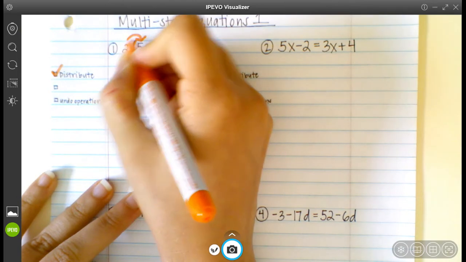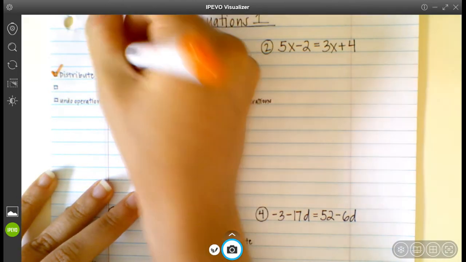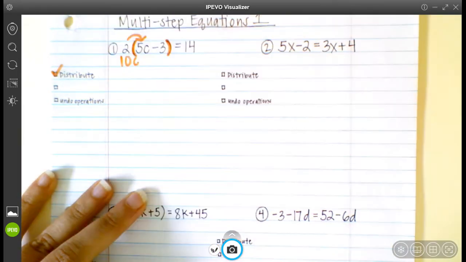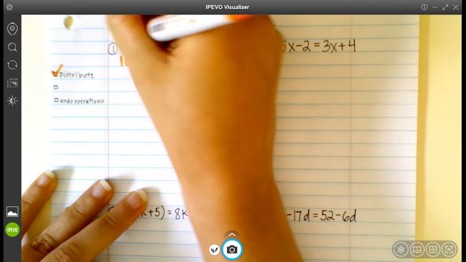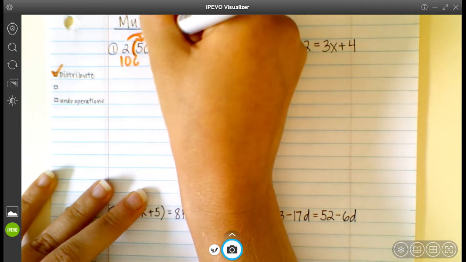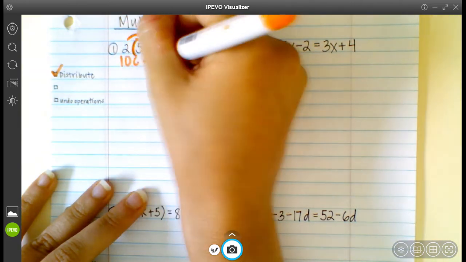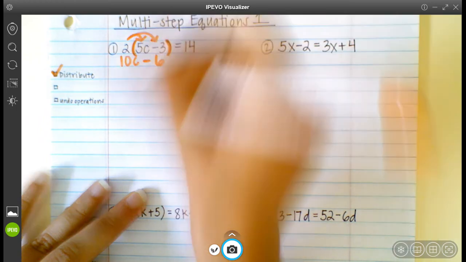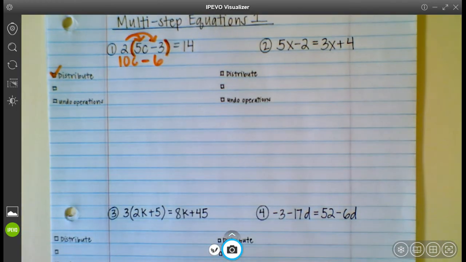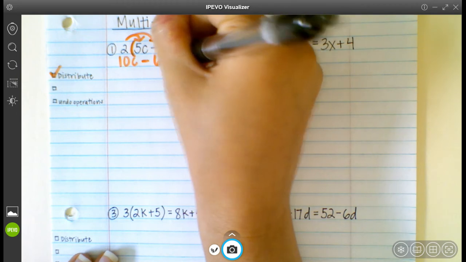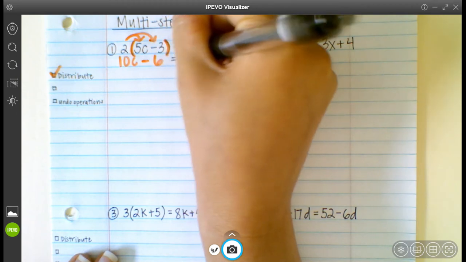All right, so 2 times 5c is going to give us 10c. And then 2 times negative 3 is going to give us negative 6, equal to 14. Step 1 completed.